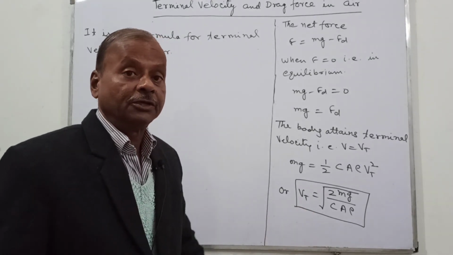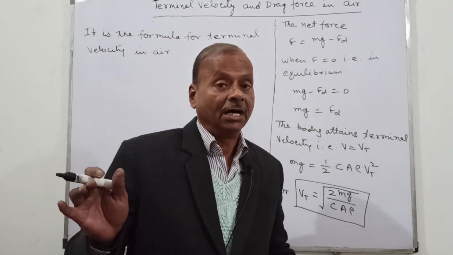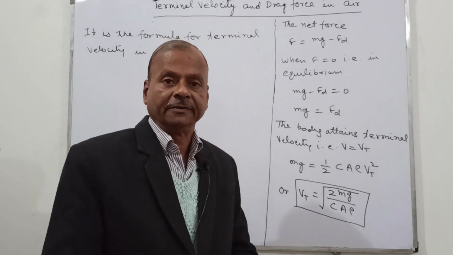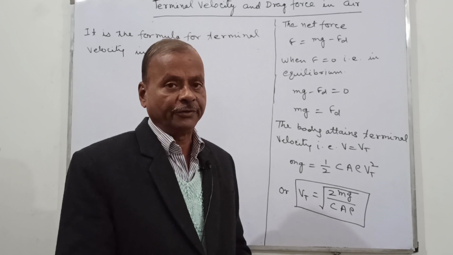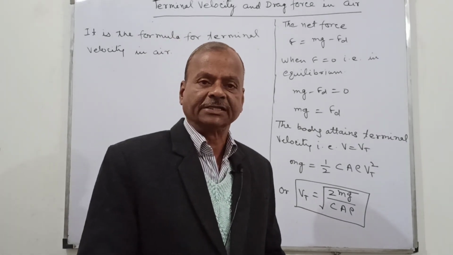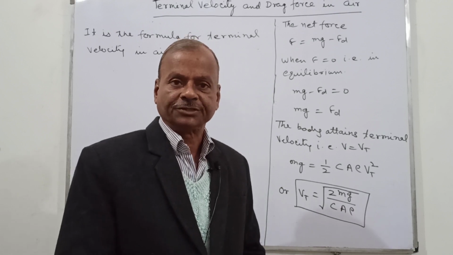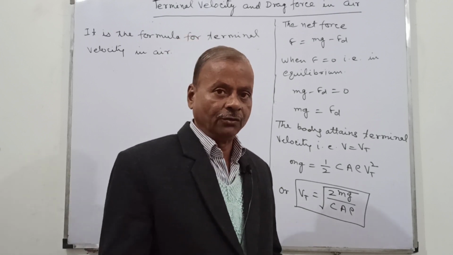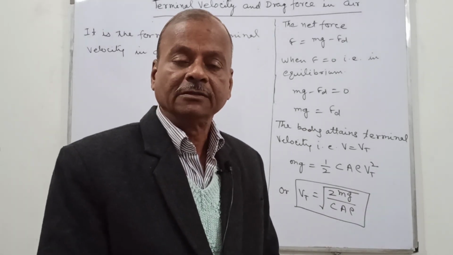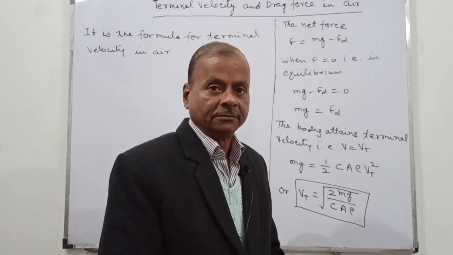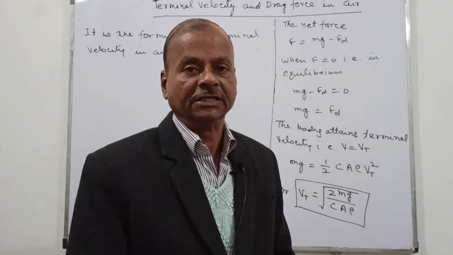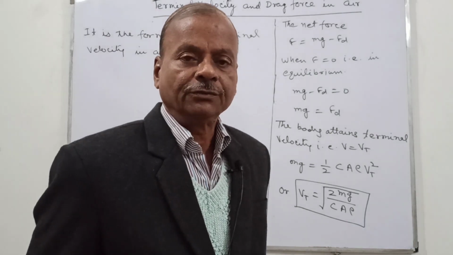This is why very heavy bodies, when falling in the atmosphere, get a high terminal velocity. And for smaller bodies, Vt is very small. There are so many examples of this terminal velocity, like water drops or raindrops falling in the atmosphere. So this is about the terminal velocity and the drag force in the air. Thank you very much.